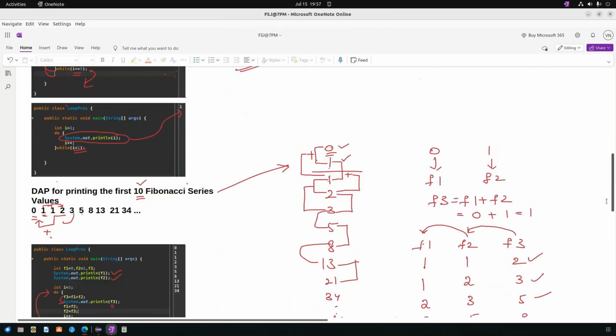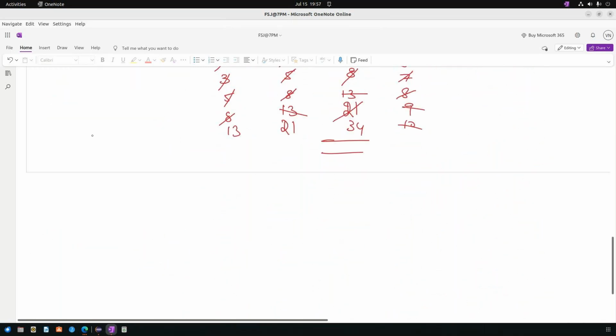I have to go actually, so I will give you a small task. Convert all the programs of while into do while.